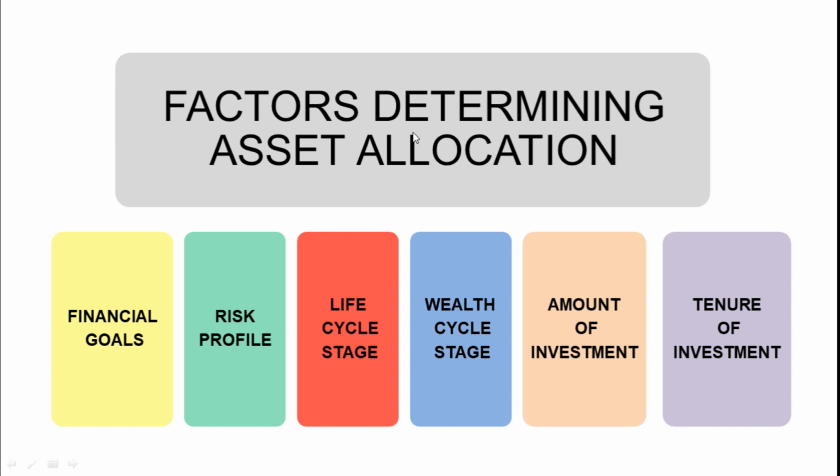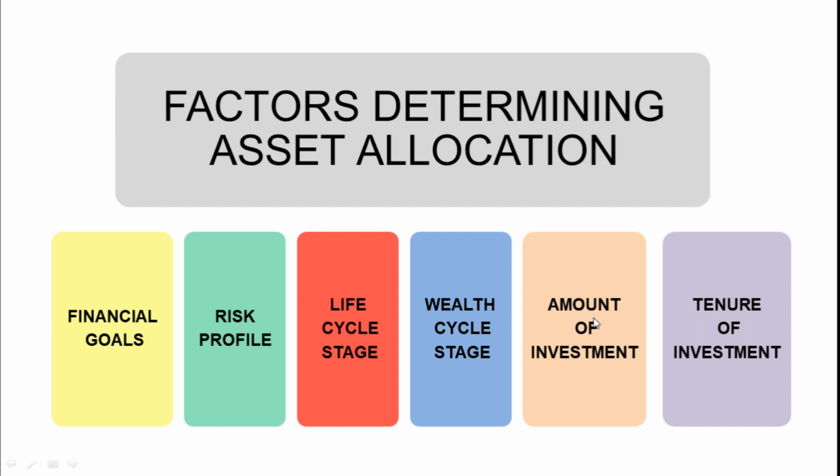Now let's see the factors determining asset allocation. First are financial goals, risk profile, life cycle stage, wealth cycle stage, amount of investment, and tenure of investment. All these factors together determine where the investment should be done and what asset classes should be chosen. What is your financial goal, how much risk you can take, at what life cycle stage you are, whether you are young, married, with children, etc., at what wealth cycle stage you are, during your transition phase, whether any financial goal is coming nearby, or it is just the accumulation stage.